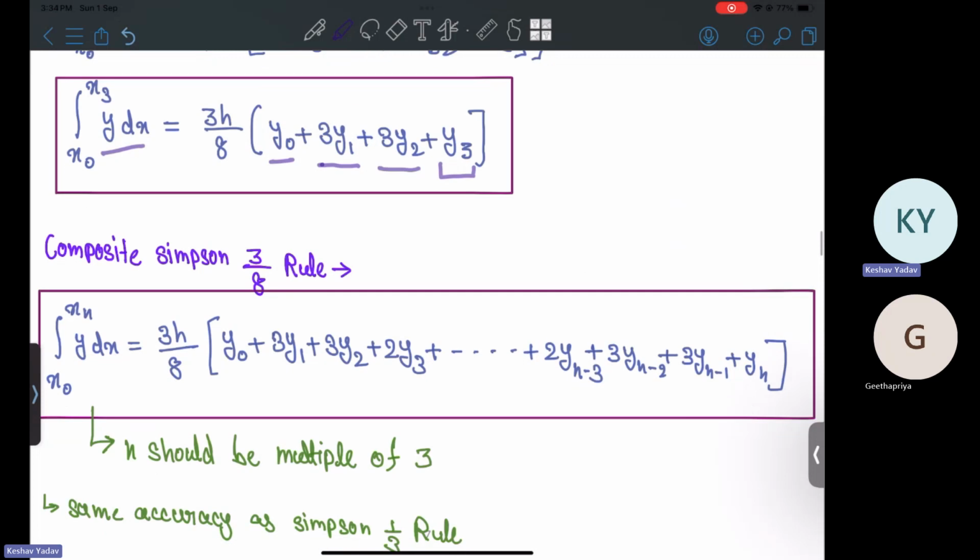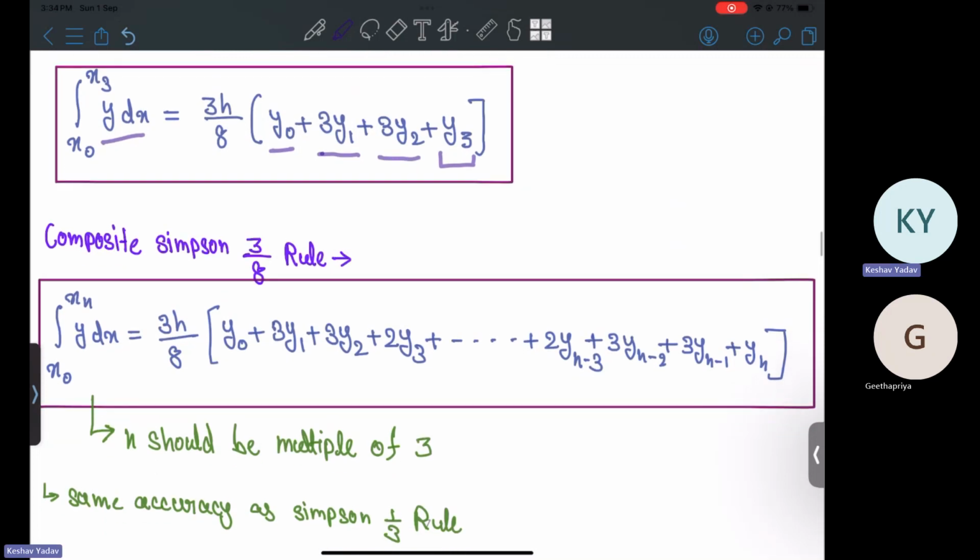Now if I want to write it in composite fashion, this y0 and yn will come. Similarly, the other terms will remain the same, a multiple of 3, and the term that is a multiple of 3 will have a coefficient of 2. Okay, points 0, 1, 2, 3.